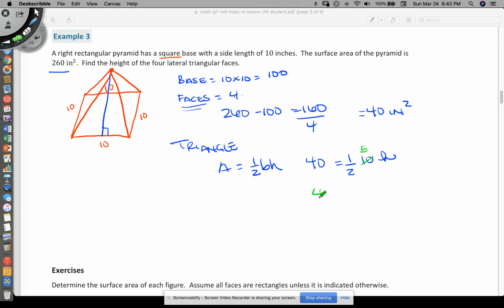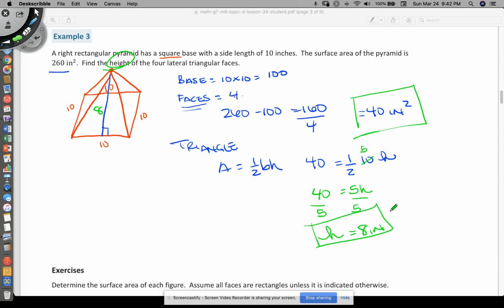And this gives me 40 equals 5h. Divide by 5. And that means my height is 8 inches. And that's because they wanted us to find the height. So this is 8 inches tall. So my two answers for this one is the area of the faces and the height.